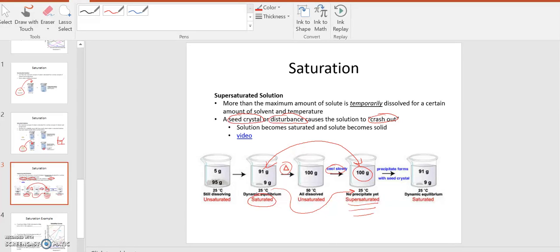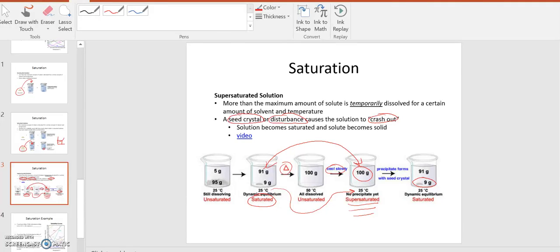And if you dropped one little seed crystal into this supersaturated solution, or even if you stuck a stir rod or a thermometer in there, that's going to be enough of a disturbance to cause these 9 grams to crystallize out and sit on the bottom again. And now we've formed back into a saturated solution.